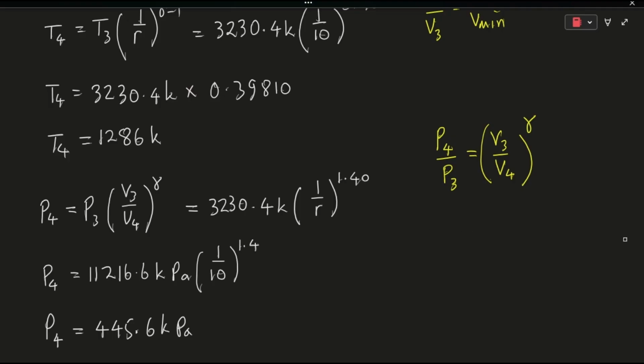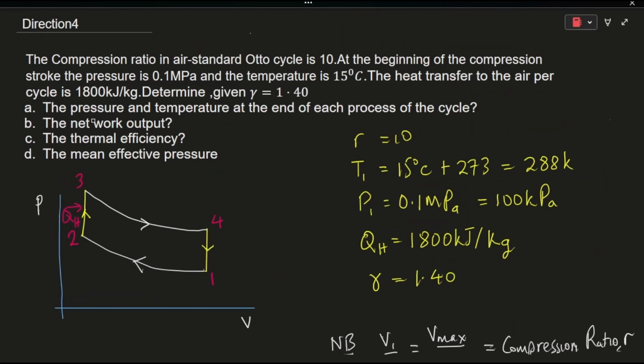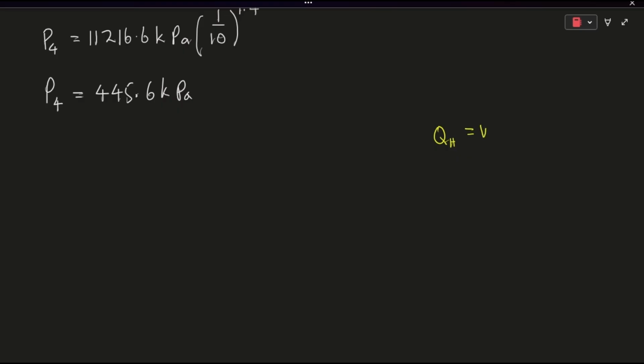Now, for the B part of the question, what is the net work output? For our overall energy balance, our net work output is given by, now QH has been given in the question as 1800 kilojoules per kilogram.